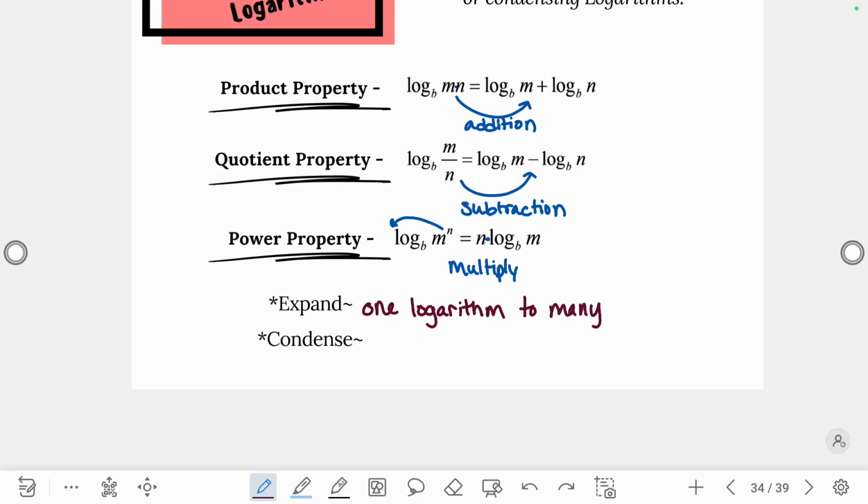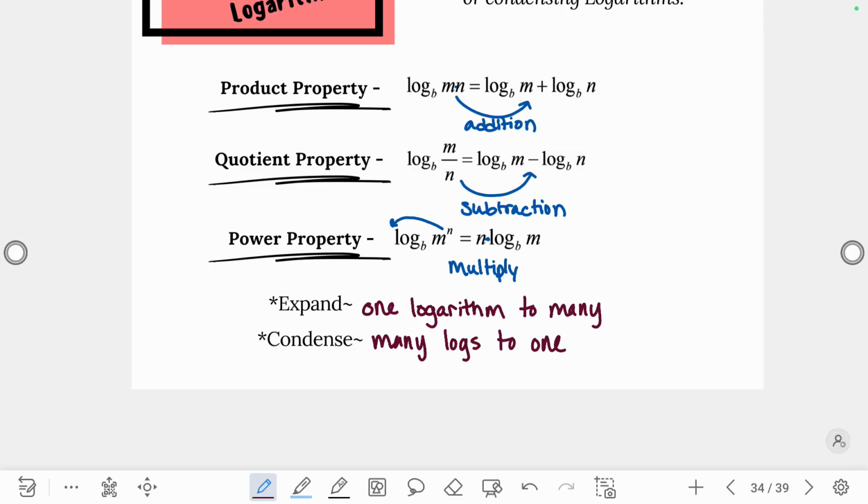And condensed simply means we're going to take many logarithms. That could be 2, it's going to definitely be more than 1, or it could be 10. But we're going to take many logs, and our goal is to condense it down to 1. Now sometimes it can't become 1 and it has to say more than that, but the goal would be to go down to as few as possible.